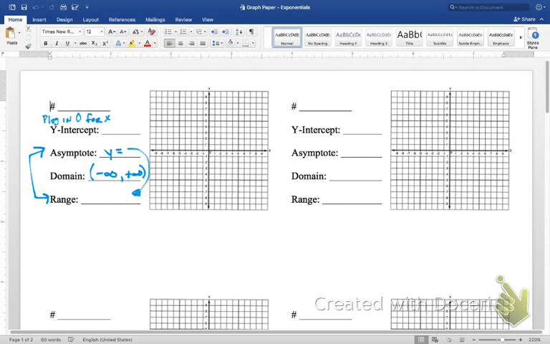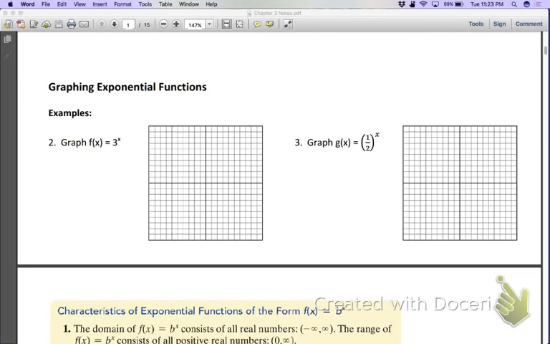One like this is basically about 6 points. You're going to get 1 for breathing, 1 for doing the graph, and then 1 for each of these here. So you're always going to find the y-intercept, the asymptote, the domain, and the range. If we have f of x equals 3 to the x power, this is one of those that you can always do without a graphing calculator.